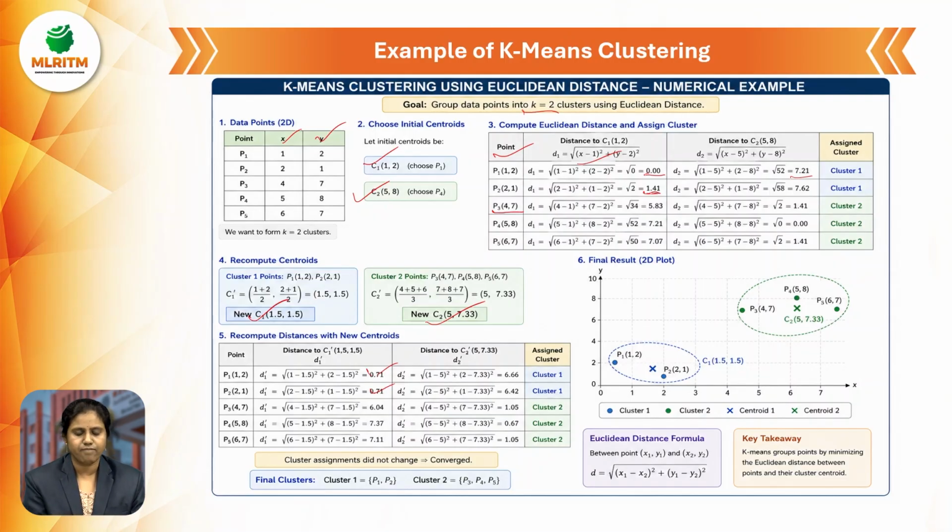So this is the final cluster, and the points P1 and P2 belong to cluster 1, and P3, P4 and P5 belong to cluster 2. This is how k-means clustering works, and you can see the final results here: cluster 1, cluster 2, centroid 1 and centroid 2.